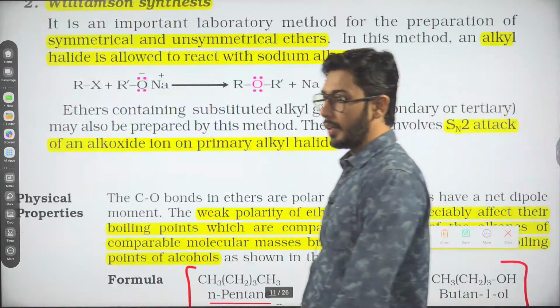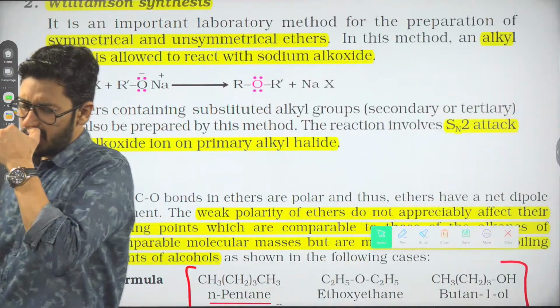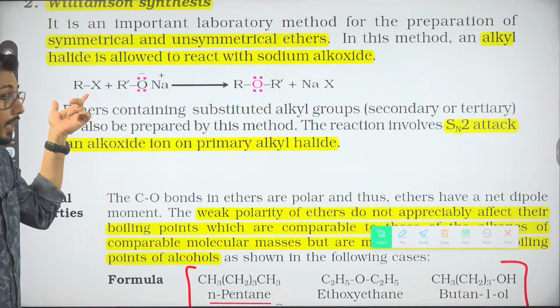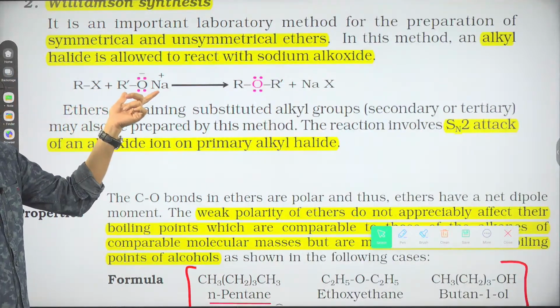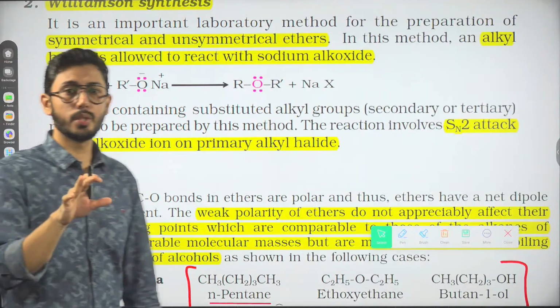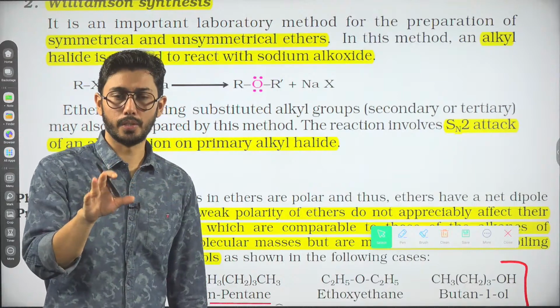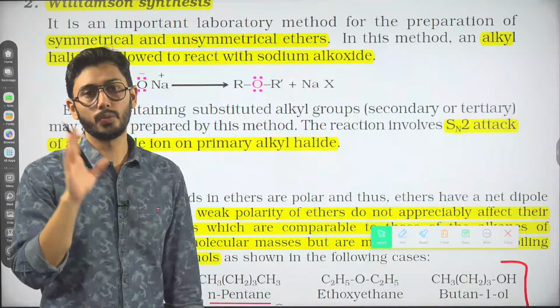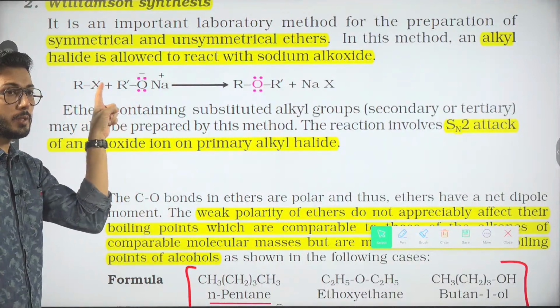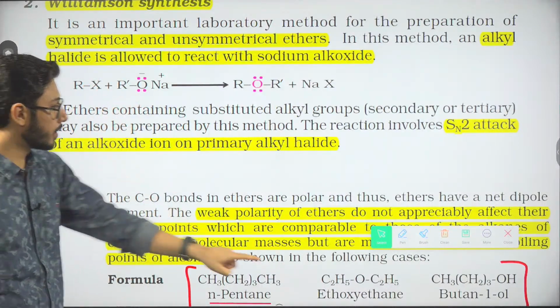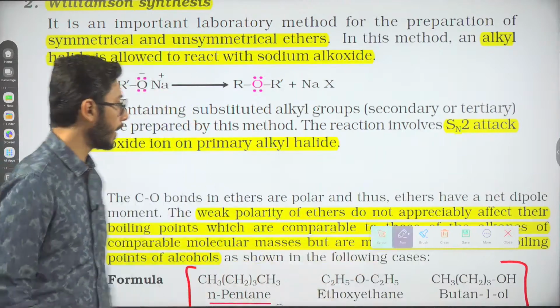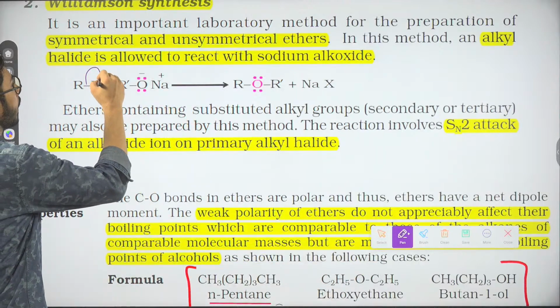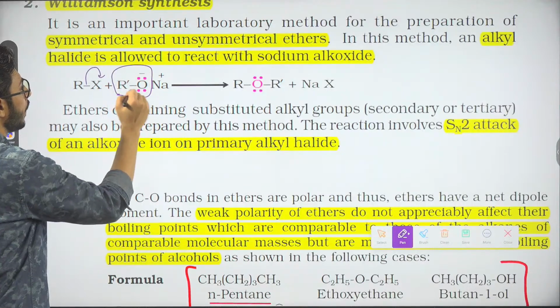What is the reagent taken in Williamson ether synthesis? Reagents are alkyl halide with alkoxide ion. It is again which reaction? Nucleophilic substitution, specifically SN2, in which X minus leaves. When X minus leaves, the alkoxide ion, which is the nucleophile, attacks here.